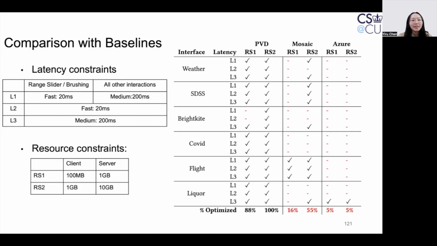We can see from the results that PVD supports all the settings under resource constraint 2 and 88% of settings under resource constraint 1, because it can mix and match optimization, placement, and caching policy in a more flexible way than Mosaic and Azure. Mosaic only supports up to 55% and Azure only supports 5% of settings.